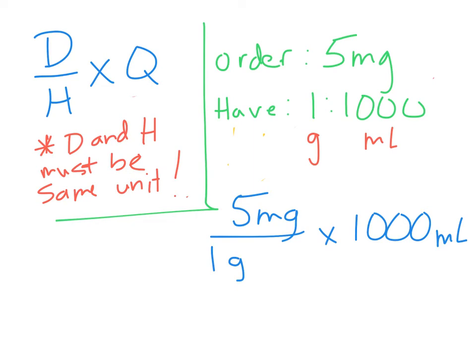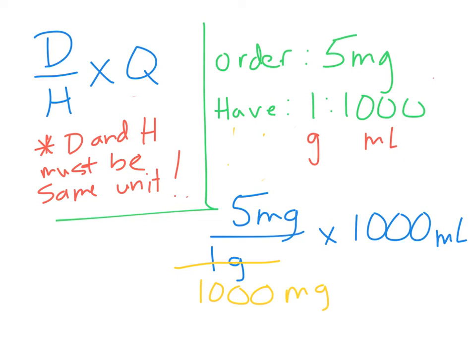As you can see on the formula on the screen, our order dose was in milligrams. We're in the habit of getting everything into milligrams, so you may have to convert that 1 gram. 1 gram, 3 places to the right, or times 1,000, would be 1,000 milligrams. So when I complete this, I take 5 divided by 1,000 times 1,000, which ends up just being 5 in this case.